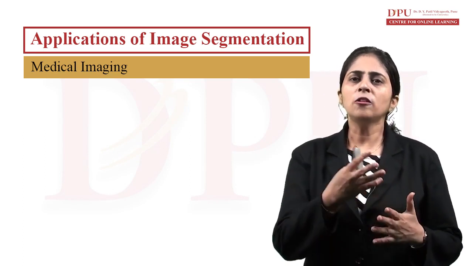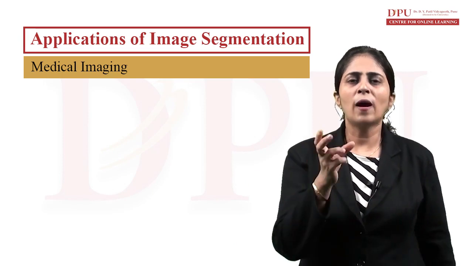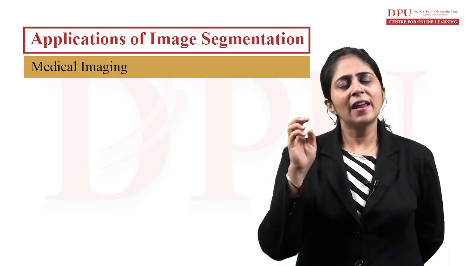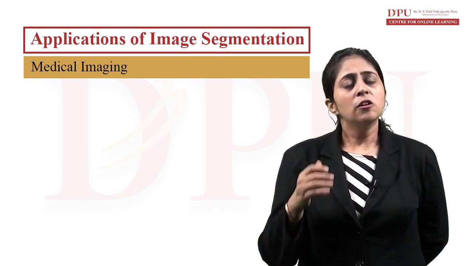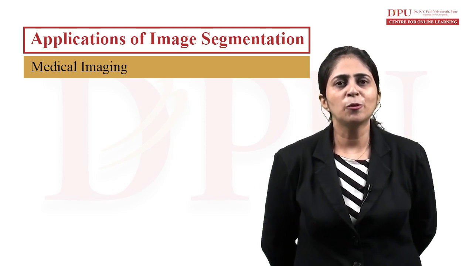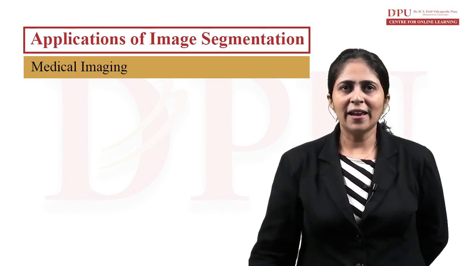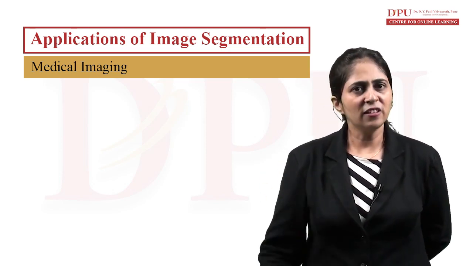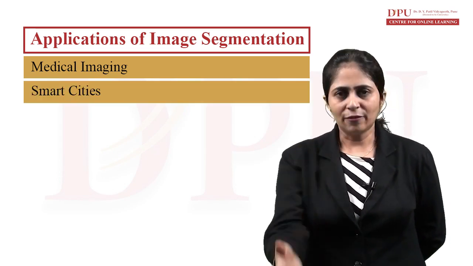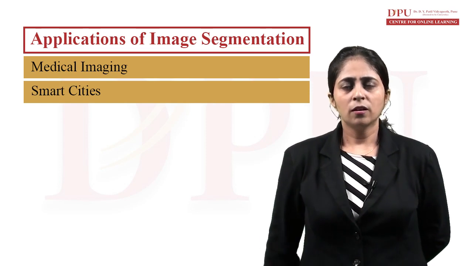We do have very complex scans where we want to identify every organ, every part of our body. So for those types of medical imaging, we are using computer vision and applying the image segmentation technique there. Then talking about the next one, we have smart cities.